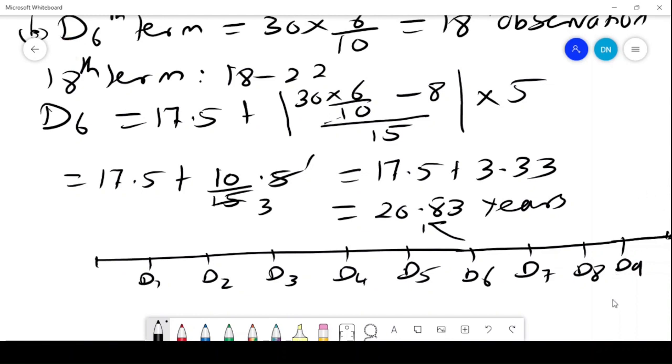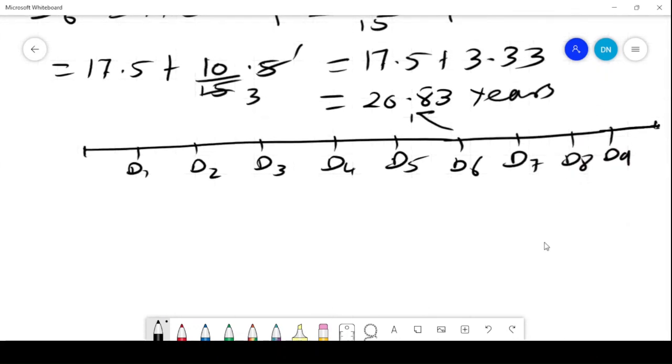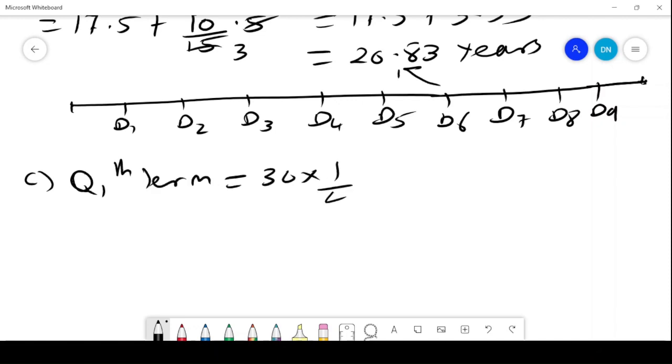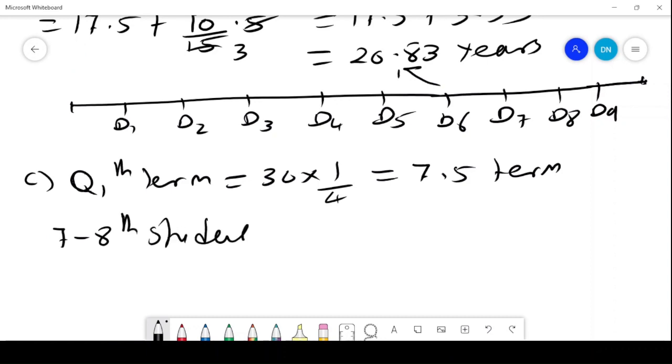And then the last one is the first quartile. That's now what we want to compute. And so the Q1 term will be equal to n times 1 over 4, which is the 7.5th term. Now, when you go to look at your analysis, the 7th to 8th student is in which class?